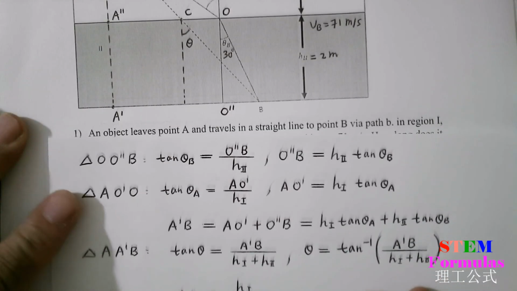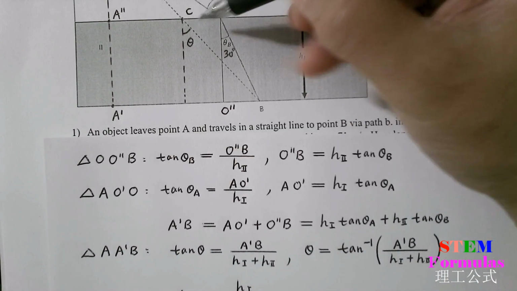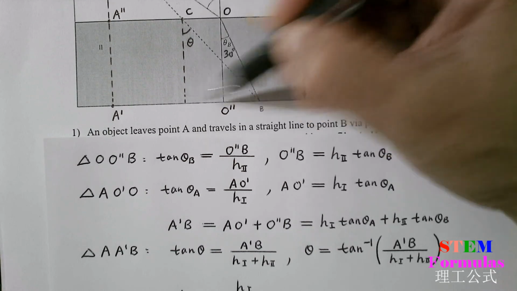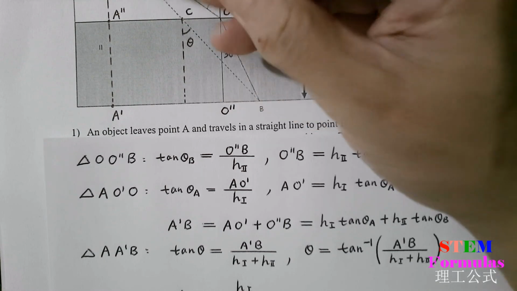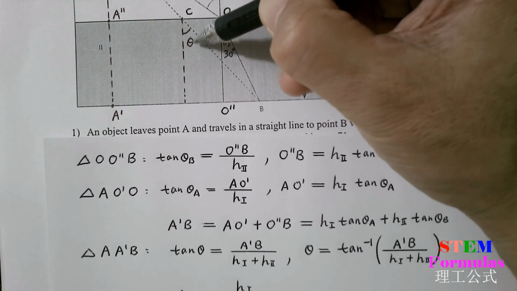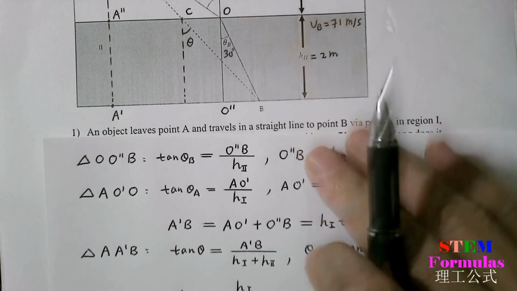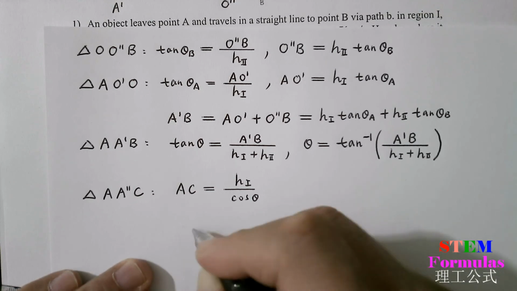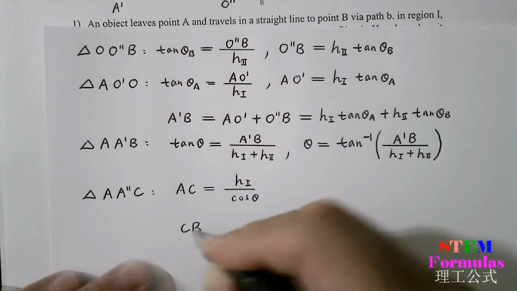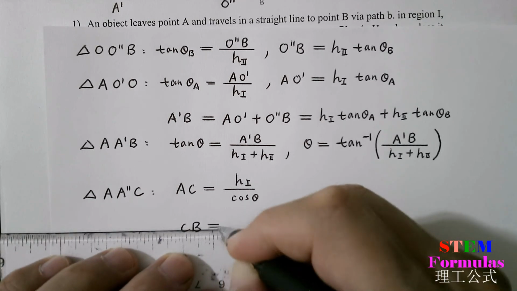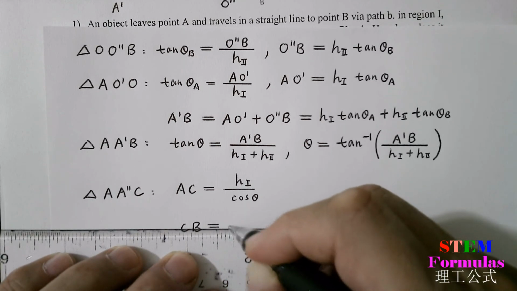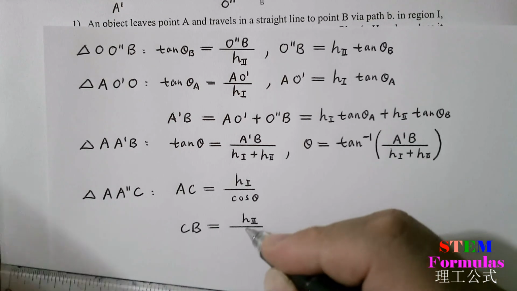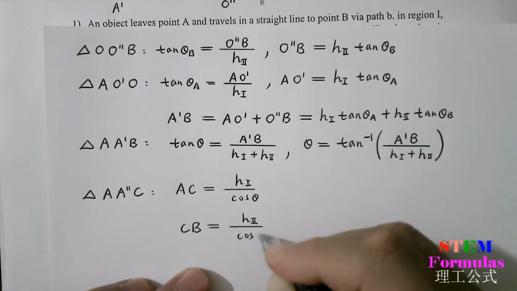And also, I consider this triangle C, B, because this is theta and this is also theta. So I have CB. CB equal H2 divided by cosine theta.